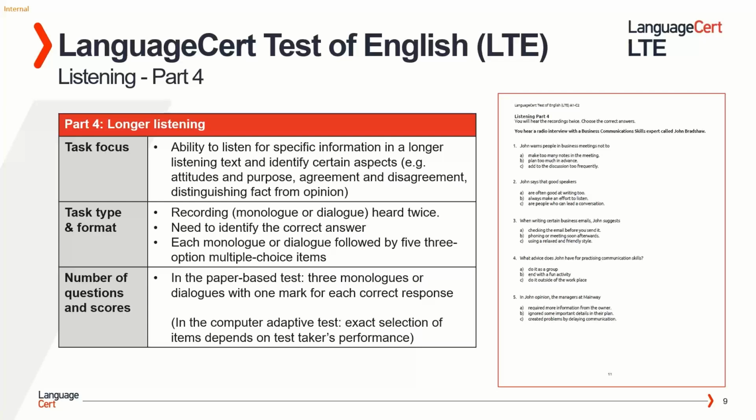The recording, which may be a monologue or a dialogue, is heard twice, and the test taker is asked to identify the correct answer. Each monologue or dialogue is followed by 5 3-option multiple-choice items. The paper-based test consists of 3 monologues or dialogues, with 1 mark for each correct response.